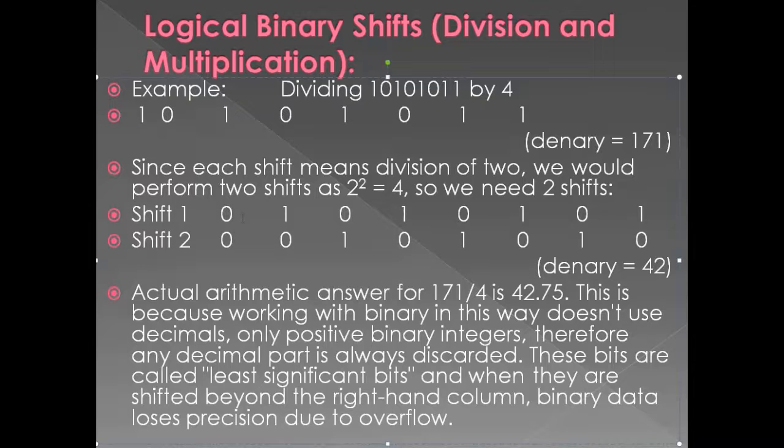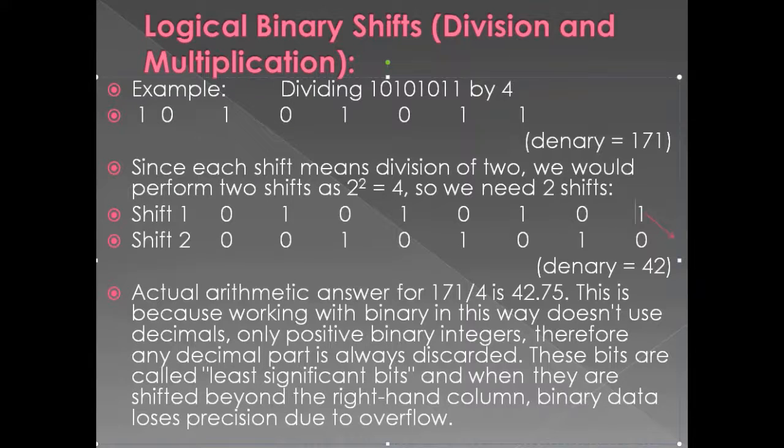Now we perform the second shift. Each bit comes one place over. Let me draw some arrows. So this one goes over there and is deleted.